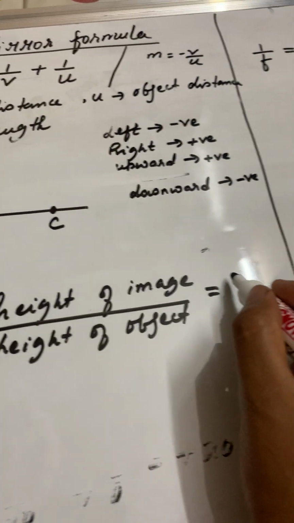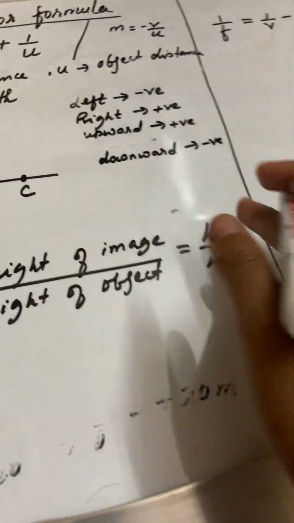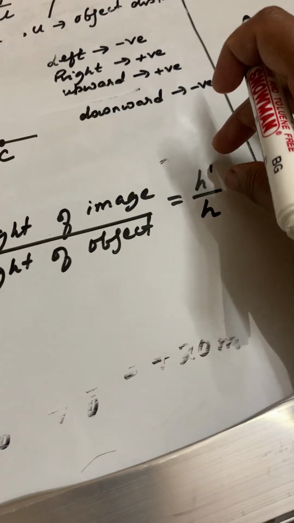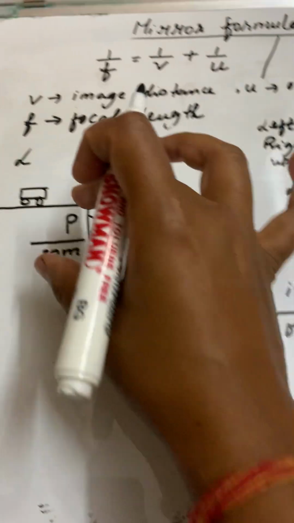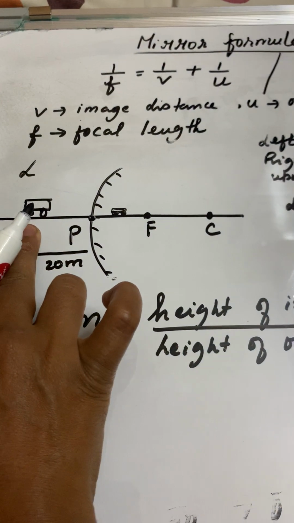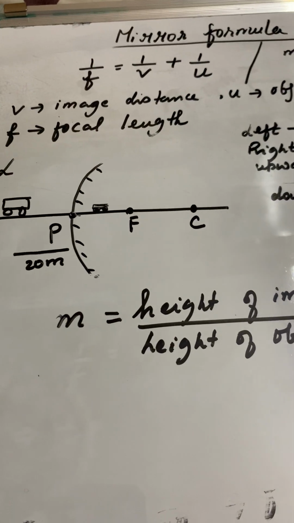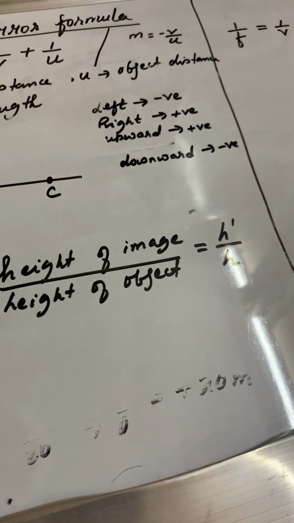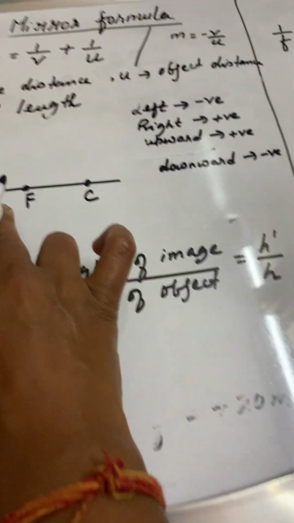Normally the textbook writes it as h dash by h. You can use even h1 by h2 also. H dash implies the height of the image and h is the height of the object. Now in this case, is the image magnified? No, right? So in this case, the magnification will be less than 1.